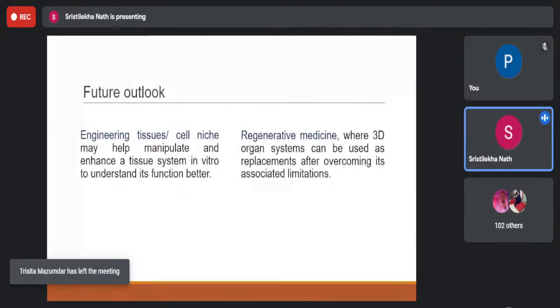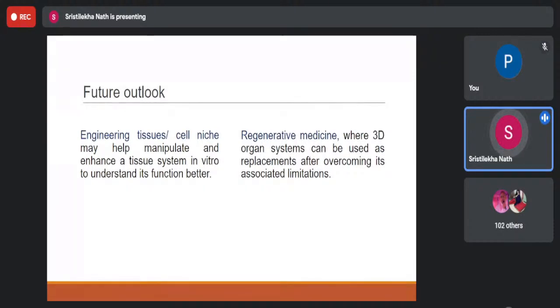So let's have a look at the future outlook of organoid mechanics. As I have already said, even if organoids recapitulate some parts of the organ system, it's not very easy, and there are various associated limitations to recapitulating a full organ system as its in vivo counterpart. Scientists have been trying to enhance the system, and it can be done by engineering the tissues.